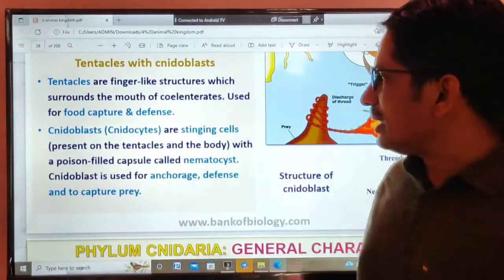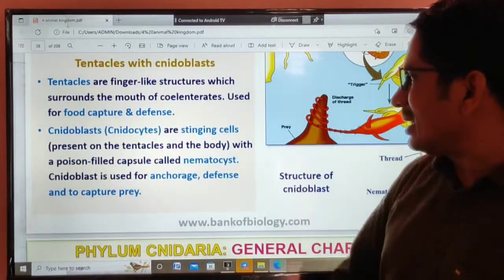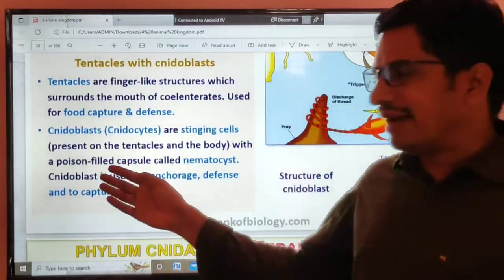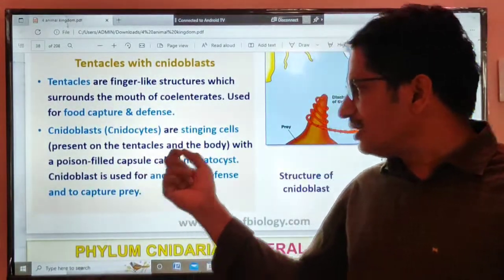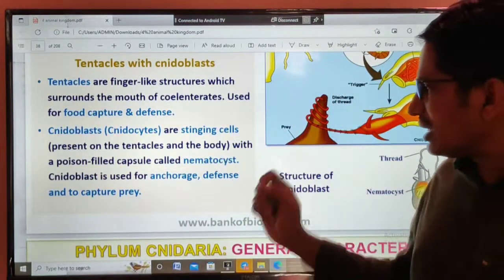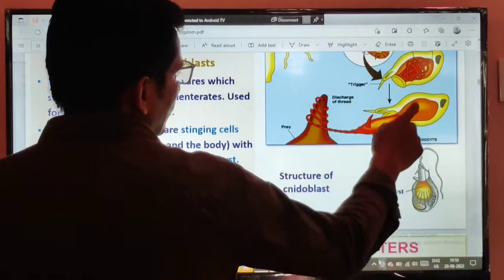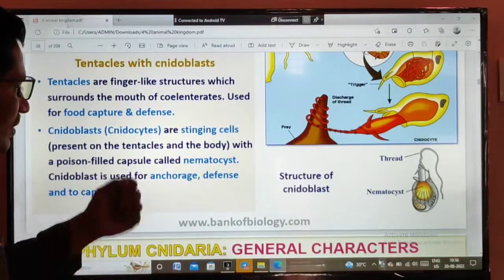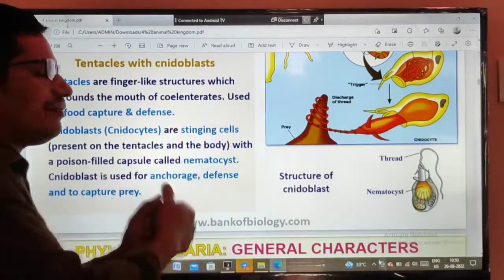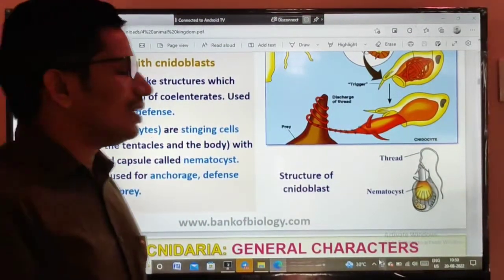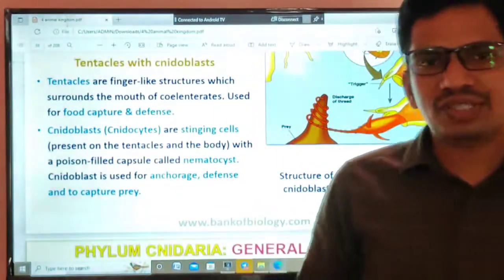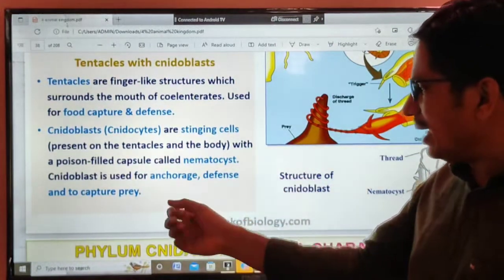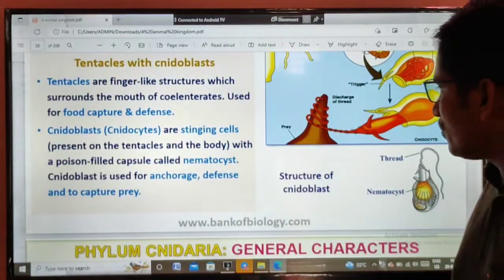And here are the cnidoblast cells, the stinging cells. These cells present on the tentacles and the body have a capsule filled with poison. There is a nematocyst. See here in this picture, you can see the nematocyst, which is filled with poison. The main function of these cnidoblast cells is anchoring and capturing food and prey, and they are also useful for defense.